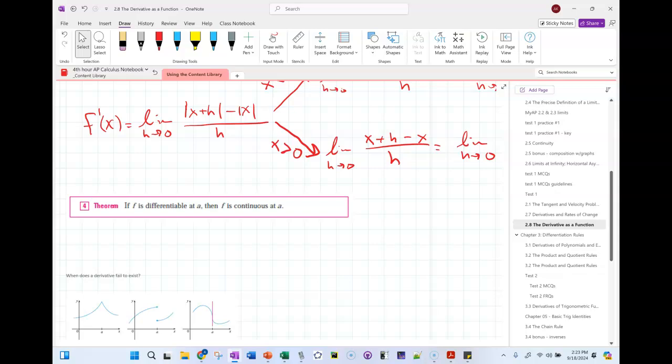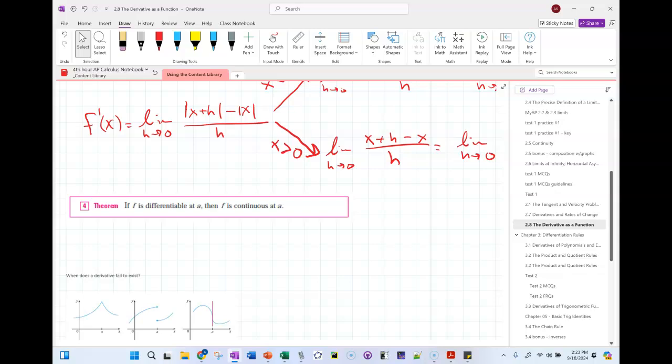Does continuity guarantee differentiability? No. Our counterexample is simply the absolute value of x. Continuous at x equals 0, but not differentiable there. Everybody's okay with that? Okay. Very important that you keep that straight.